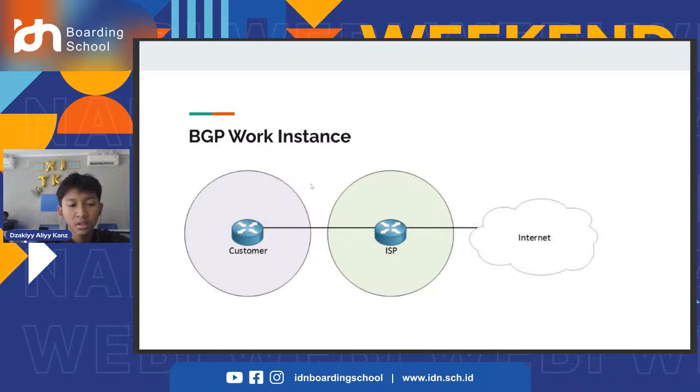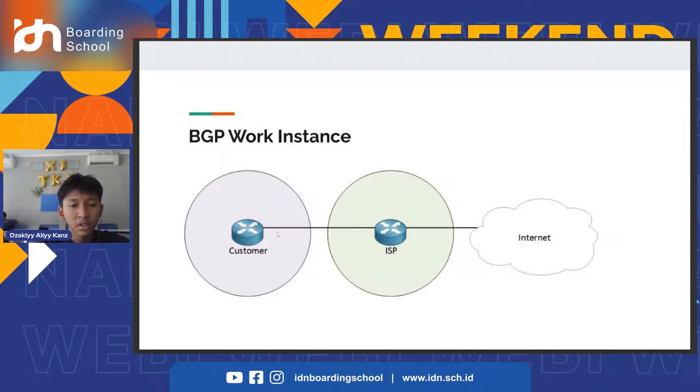So the routers on different AS will have a new connection, so that they can deliver the new packet or request packet.